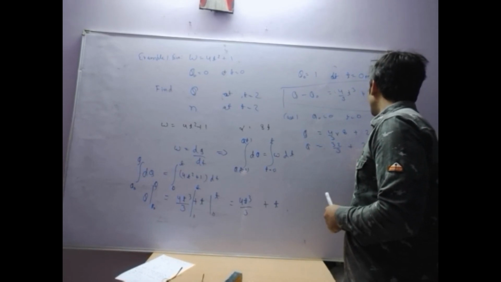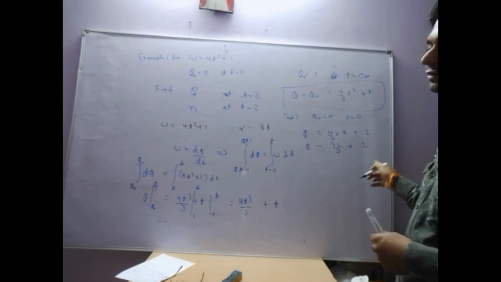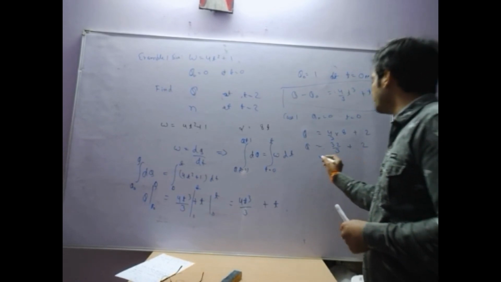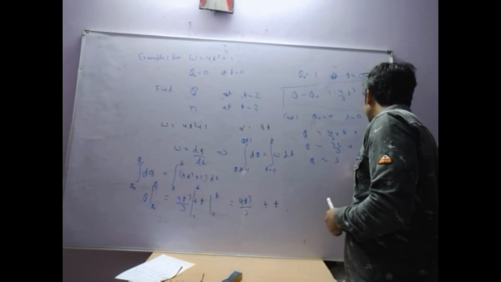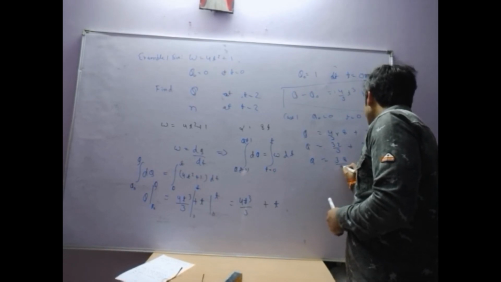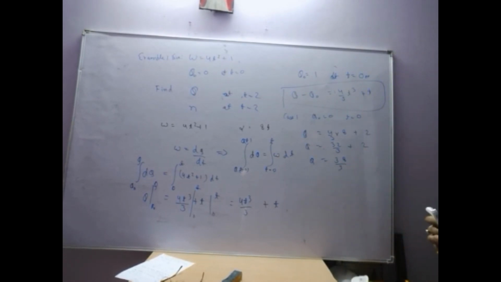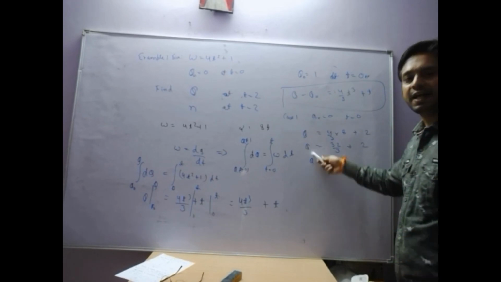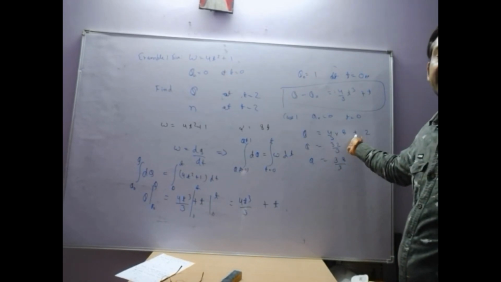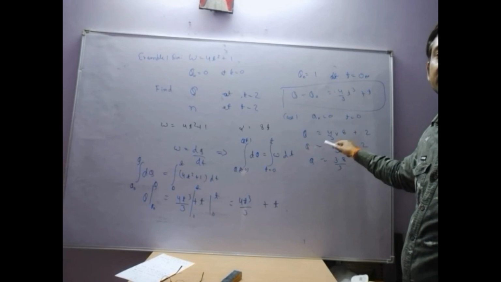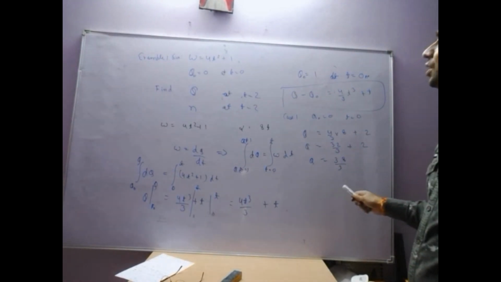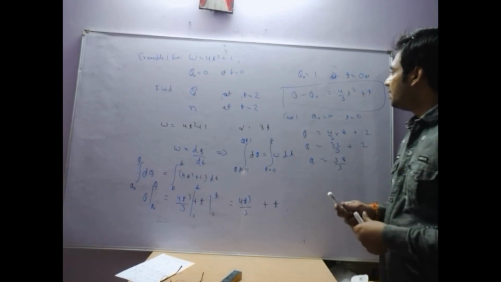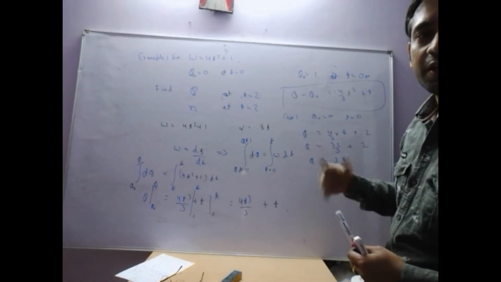Plus 2, which is 6, comes out to be 38 by 3. Take the LCM 3 to get 6, then add 32: 32 plus 6 is equal to 38, so 38 by 3. After getting theta, we calculate the value of n.